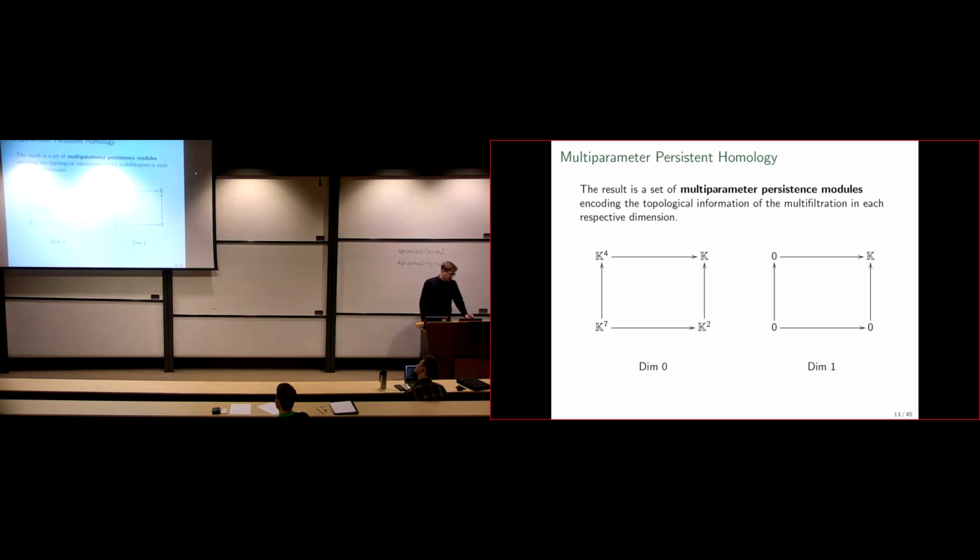And what we end up with after we compute the homology of this multifiltration is a set of 2 persistence modules. This is the algebraic representation of the homological information that we extract, and I'll explain what this means. For homological dimension 0, we count the number of components, right? At the filtration value epsilon equals 0.2 and tau equals 0.2, we have 7 components.